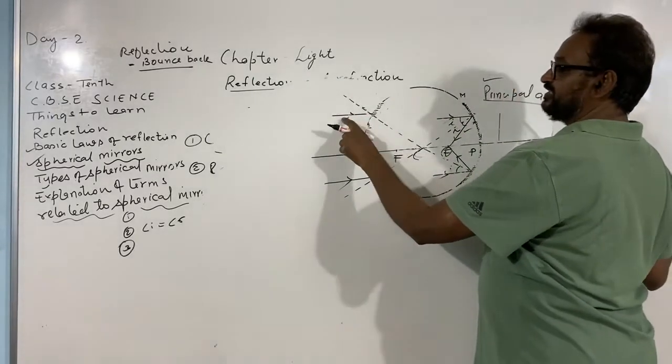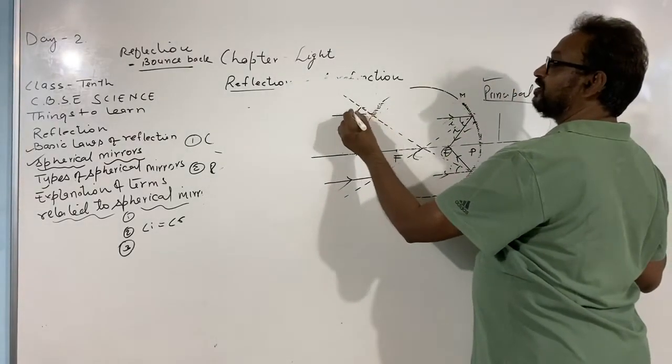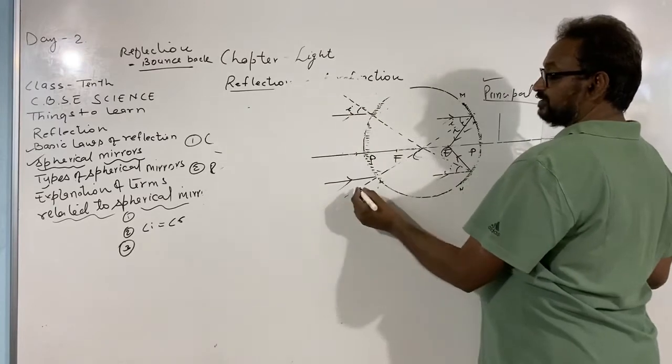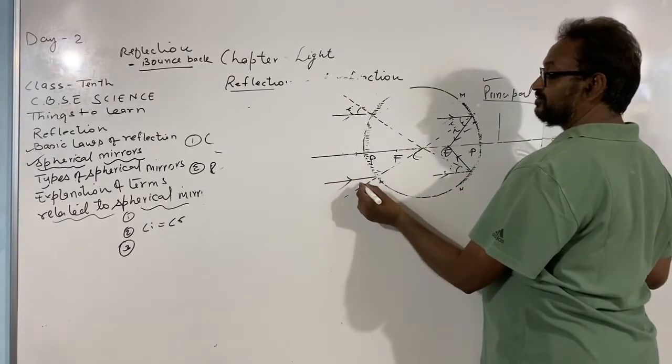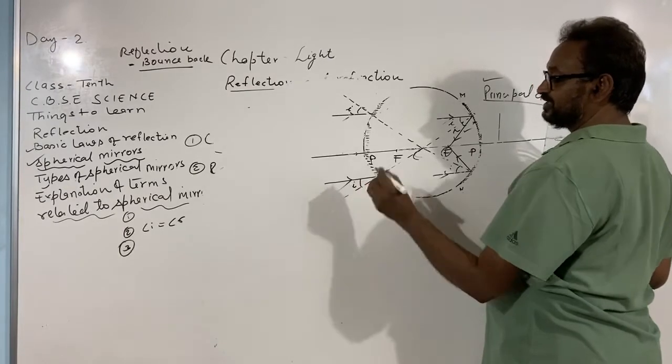The angle between the incident ray and the normal is the angle of incidence.